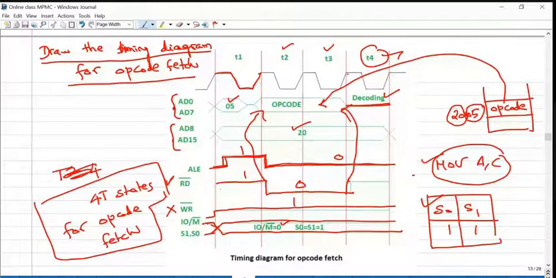When read bar equals 0, the memory read operation will be enabled. When write bar equals 1, the write operation is disabled. To show the status of the microprocessor, whether it is opcode fetch, memory read or memory write, we need to specify the S0, S1 values. Just show 2 lines and mention your S0, S1.